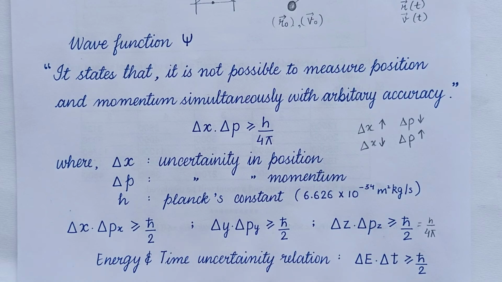It is the reduced form of Planck's constant. Here, position and momentum are a pair of complementary variables. Similarly, the Heisenberg uncertainty principle is applicable to another complementary pair, energy and time, written as del E dot del T is greater than or equal to h cross by 2.